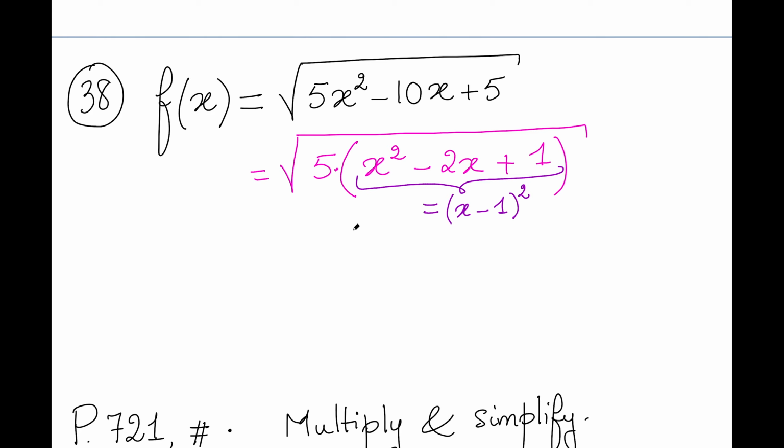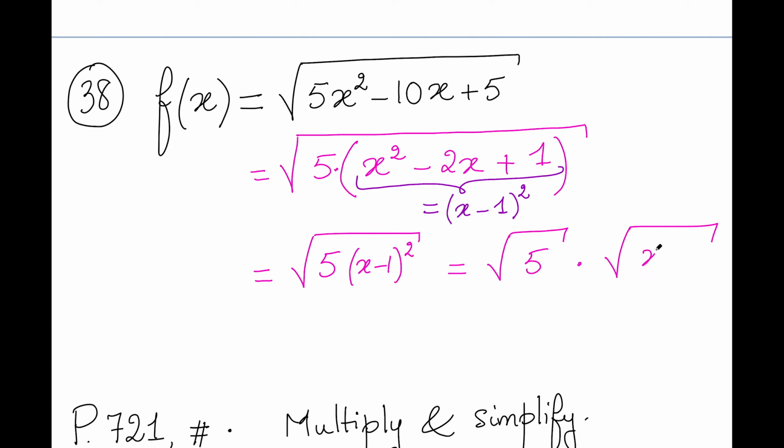And that's the same as the square root of 5 times x minus 1 squared. And this is the same as square root of 5 times square root of x minus 1 squared. Correct?